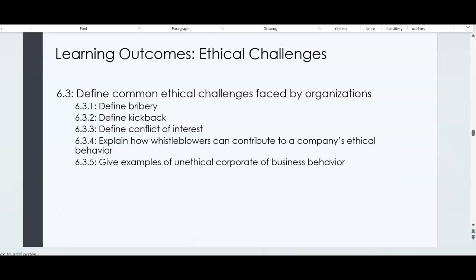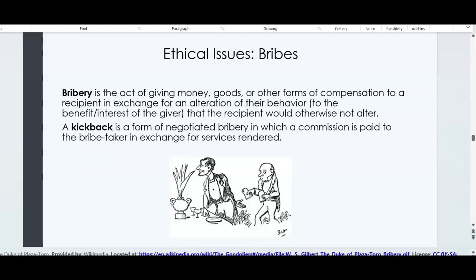Some specific challenges, specific examples of ethical violations. Bribery is a great example of an ethical violation. Let's say our company is going to pay the purchasing agent of another company so that we can be awarded a contract. We're going to bribe somebody to make decisions in our company's favor.